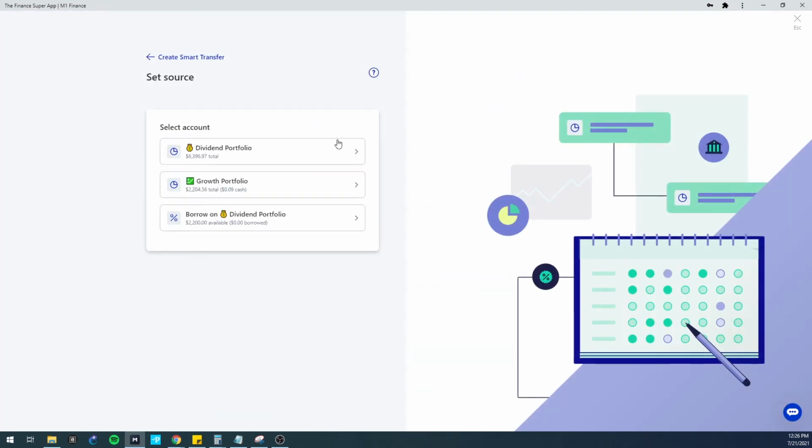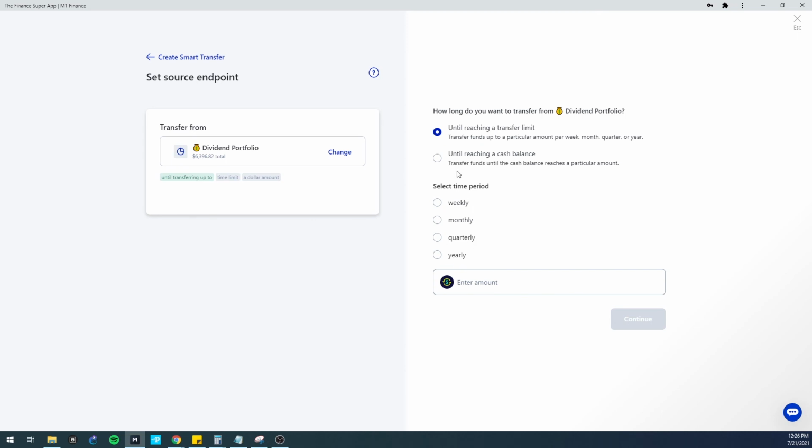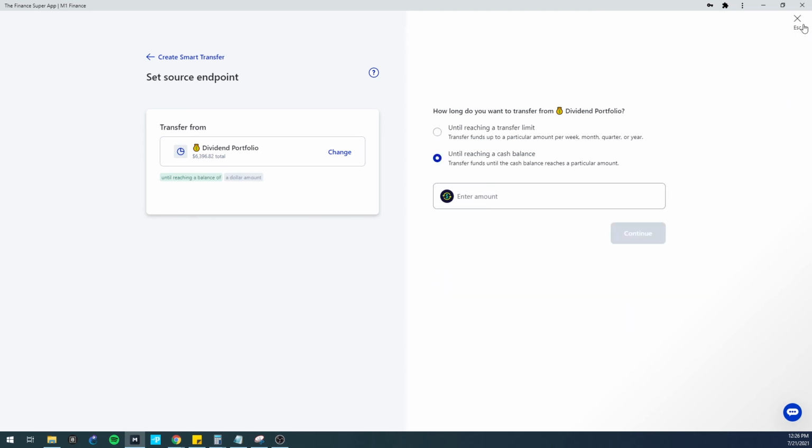Alright, so with a custom, I'm guessing you can set up, okay, well, I want $2,000 to come from my dividend portfolio and $500 to come from my growth portfolio, or I want to borrow it on margin lending. Don't use margin. So we could do until reaching a transfer limit, transfer remaining cash balance.